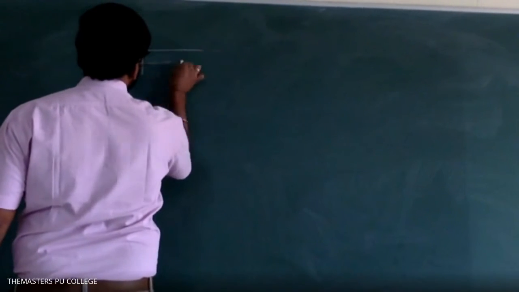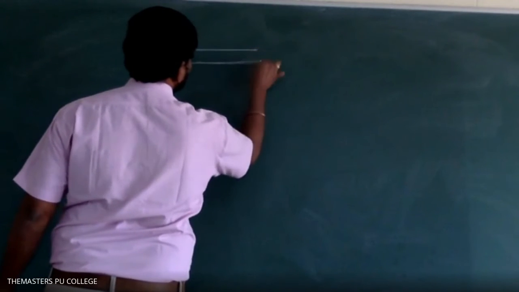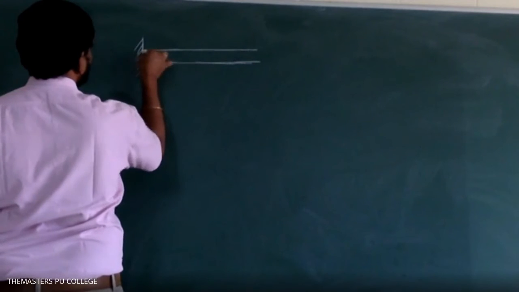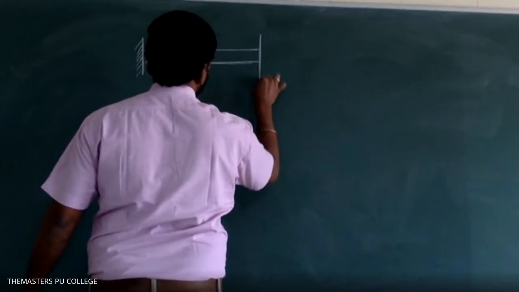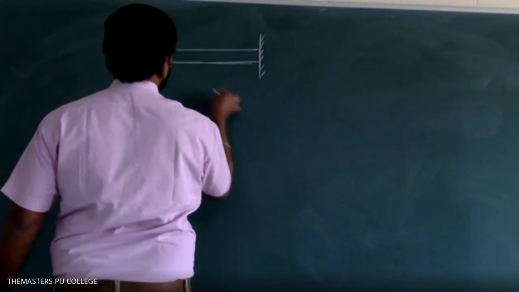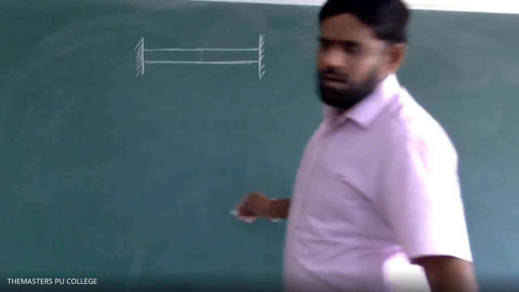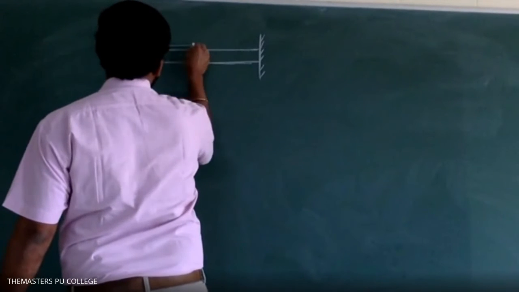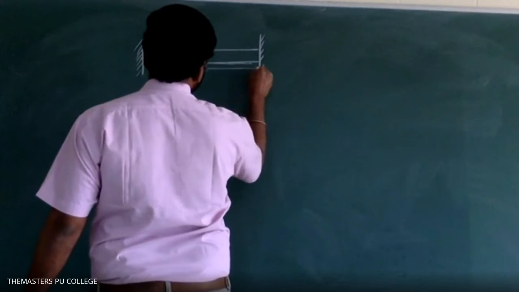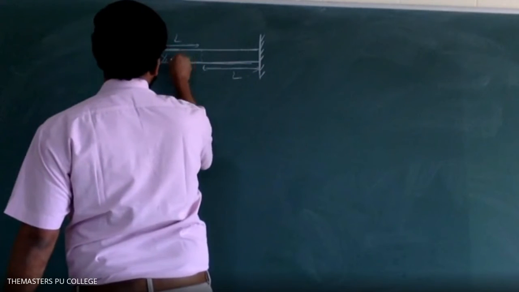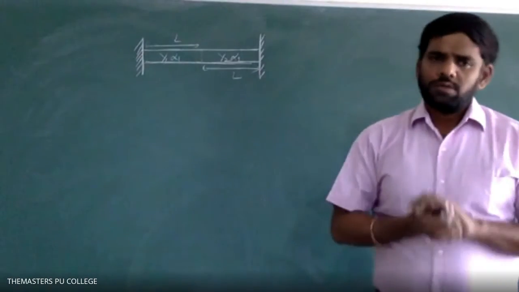So this is the question. These are the two rods of equal length, L and L, with Y1, alpha 1 and Y2, alpha 2.